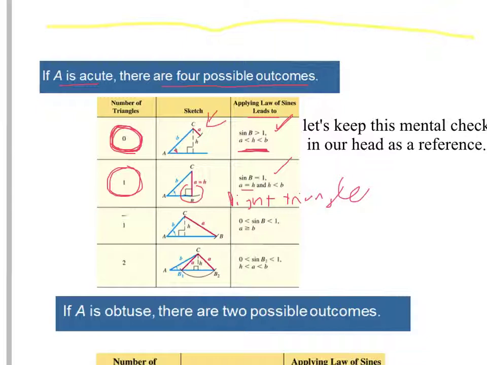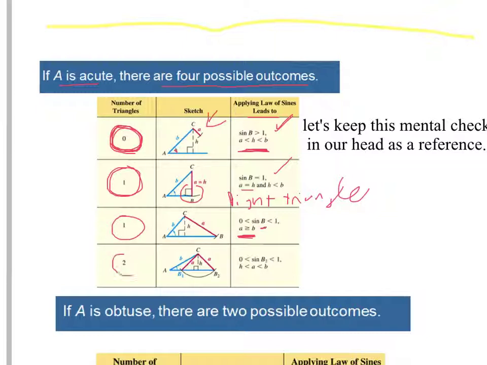Or you might find yourself with one particular solution where you're not dealing with a right triangle, where side length A is greater than or equal to side length B, but you will find yourself with sine of B being in between 0 and 1.